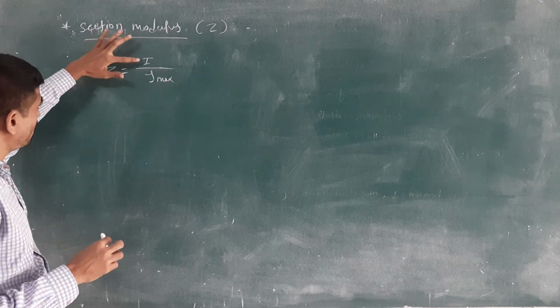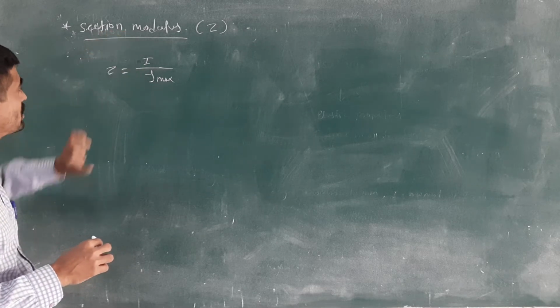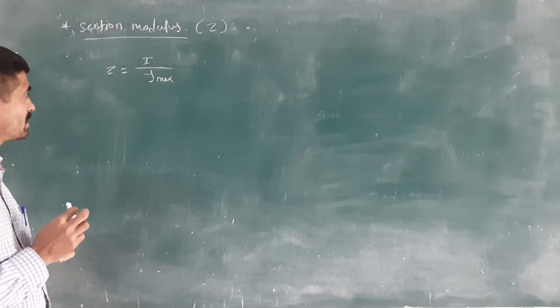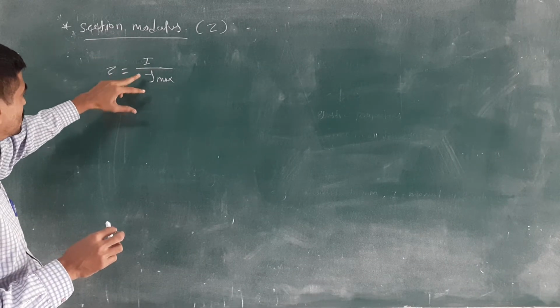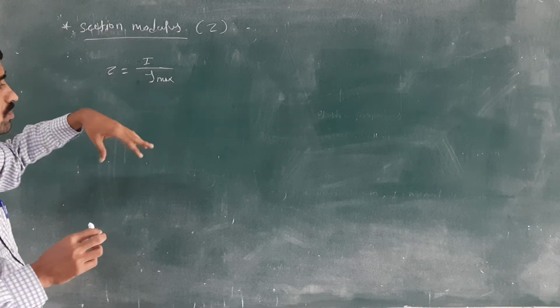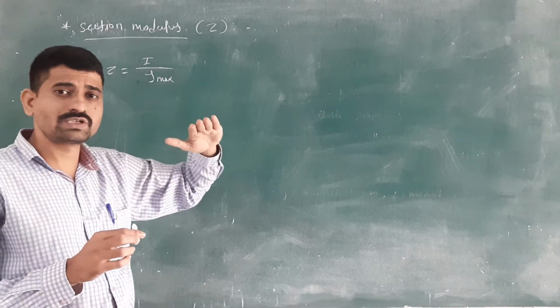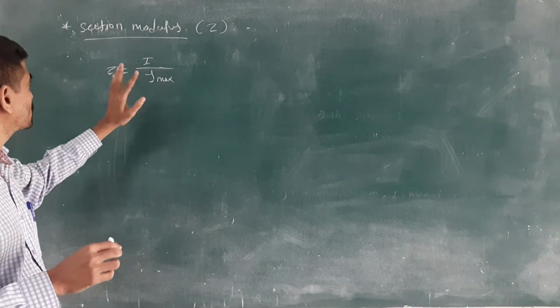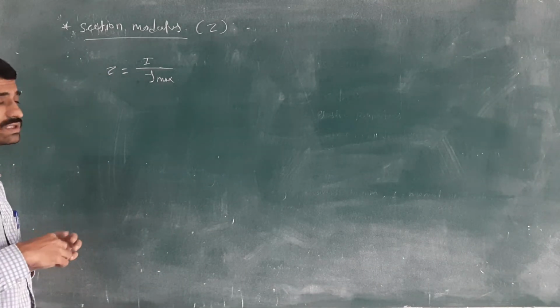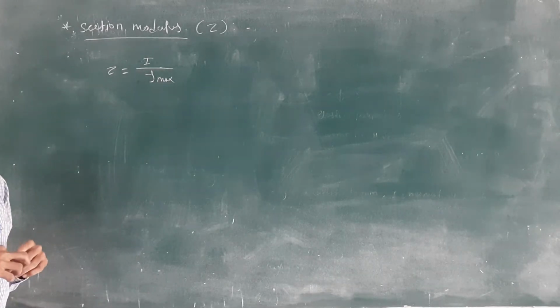It is the ratio of the moment of inertia, I, of the given body about the neutral axis to the outermost distance from the neutral axis. It is called the section modulus and it is denoted by Z.